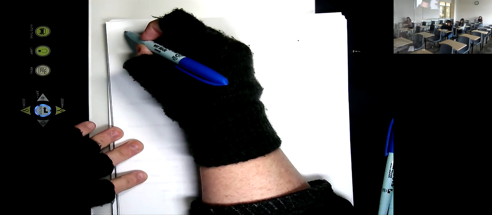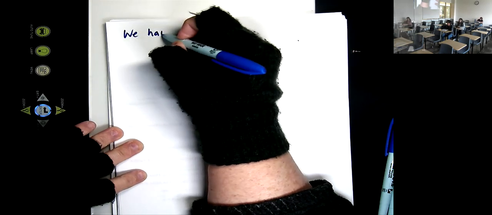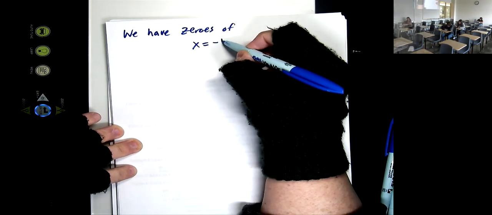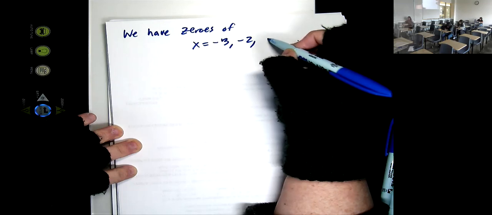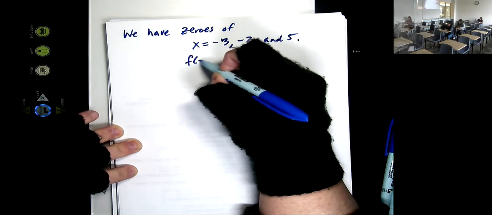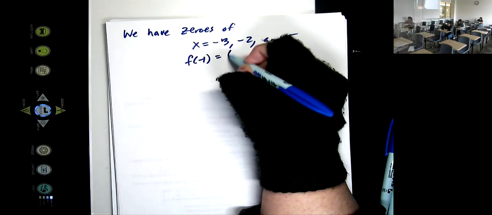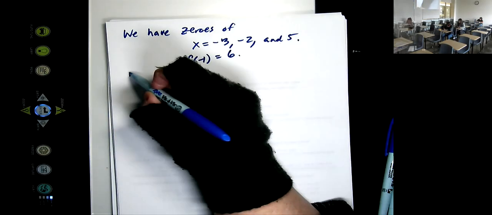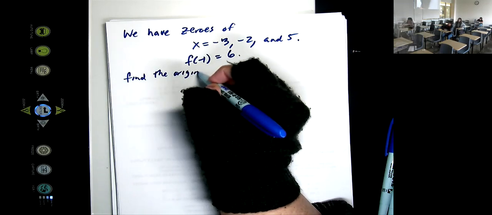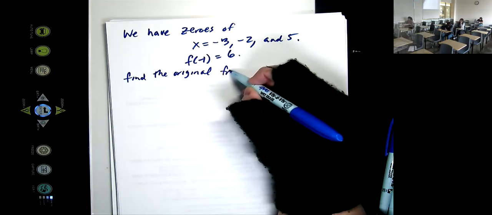Let's say we know the zeros. We have zeros of x equals -3, -2, and 5. And we know f of -1 equals 6. Find the original function.